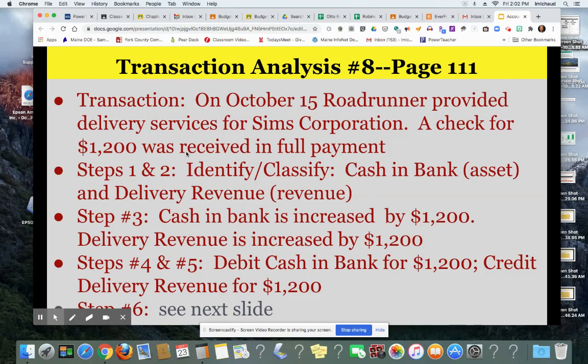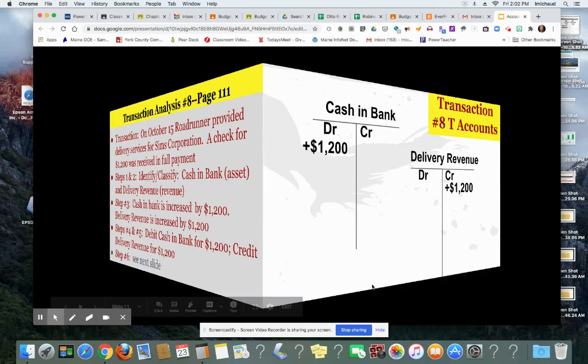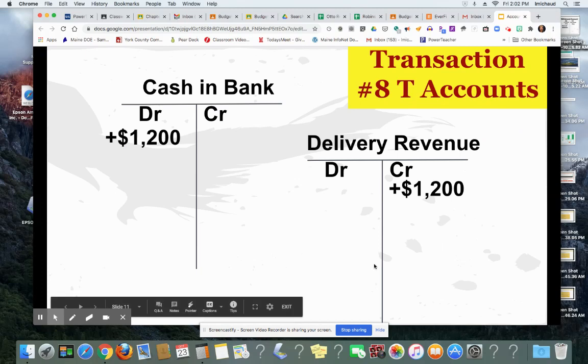So if you receive a check for $1,200, that's cash in bank. You received the check, so cash in bank is going to be debited. And then you provided a service to somebody, so that's revenue. You delivered something, so that's delivery revenue for $1,200. So you're going to credit that. So the T accounts for that are going to look like this.